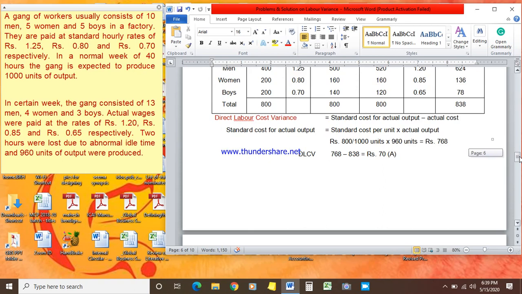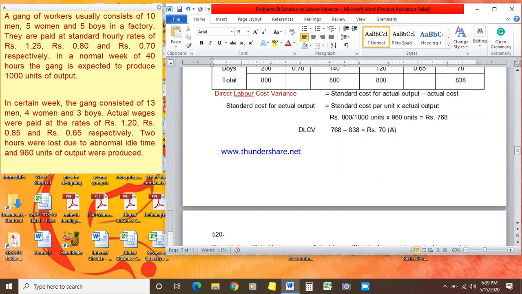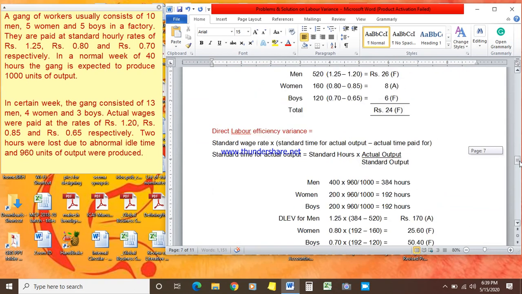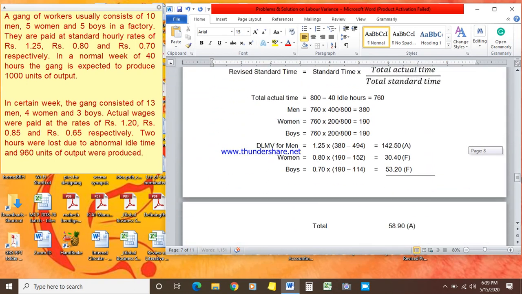But since 2 hours is the idle time, 2 hours into the number of workers, 13, is 26. So from 520 if I minus 26, you get 494. So this total 494 is basically from that particular calculation.